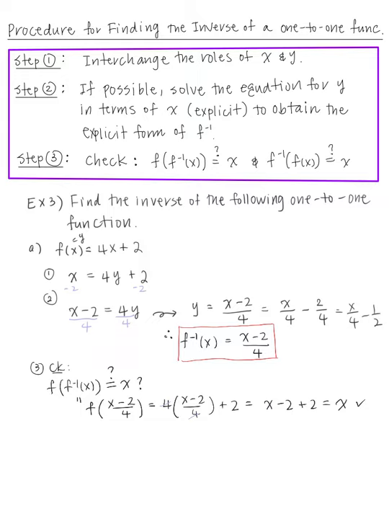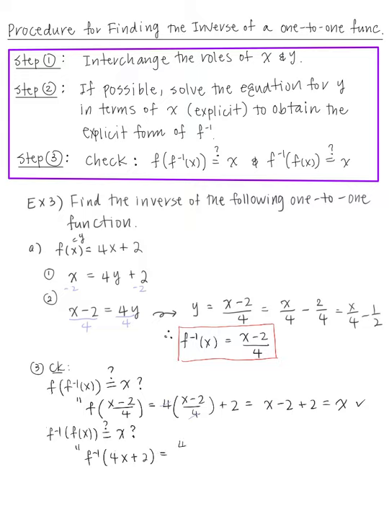Looking good. All right, now let's go with the other way. Is f inverse of f of x going to give us x back? Please give us the x back. All right, so ready? F inverse of f of x, which is 4x plus 2. So then we're going to look at our f inverse and plug in 4x plus 2 in place of x.